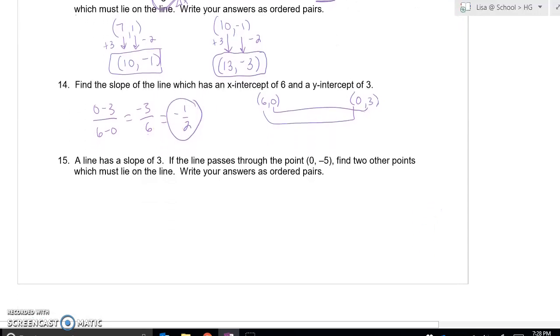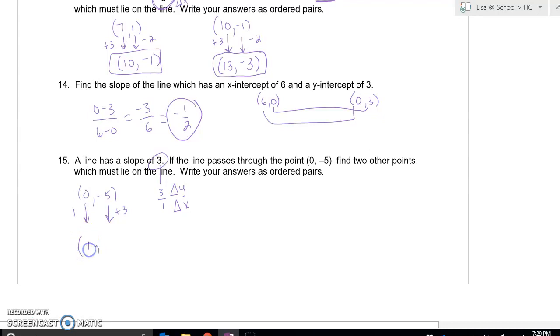Number 15, this is the same as 13, where I'm going to find 2 more points using the slope. You just have to remember that a slope of 3 is 3 over 1. So taking the ordered pair 0, -5, the change in y is adding 3. The change in x is adding 1.